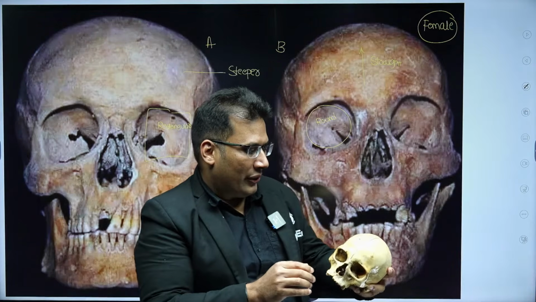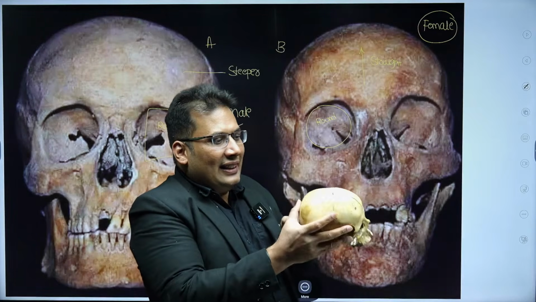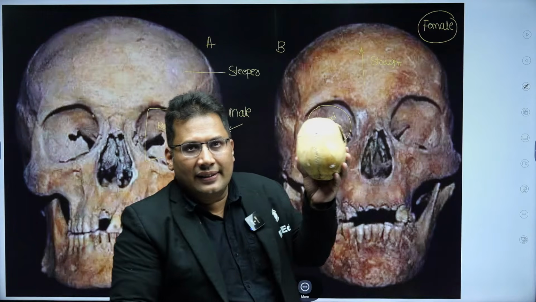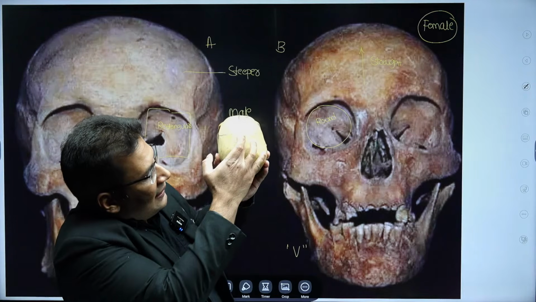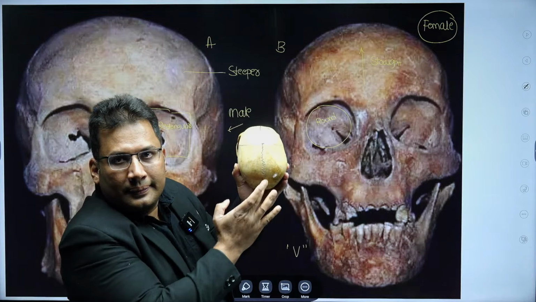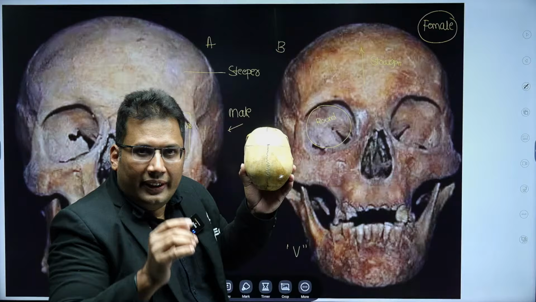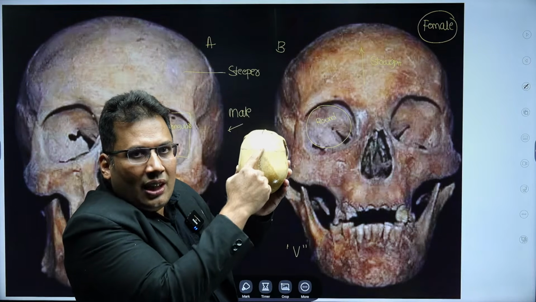Now I have one more question. What is the age of this skull? Now look at the sagittal suture. Now concentrate guys. This is sagittal suture. We can make out here. In sagittal suture, it is not fused.